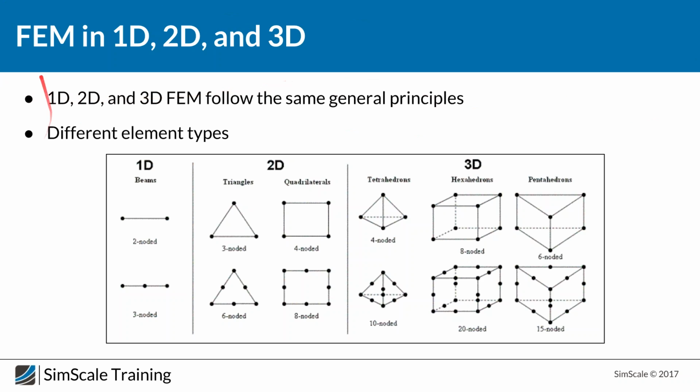So basically, it's possible to do FEA in 1D, 2D, and 3D. And depending on which dimension I want to take a look at my problem, I have different kinds of elements. So for 1D, I use beam elements, and basically they are one-dimensional. For 2D, I can use triangles as well as quads. And again, I have several options.